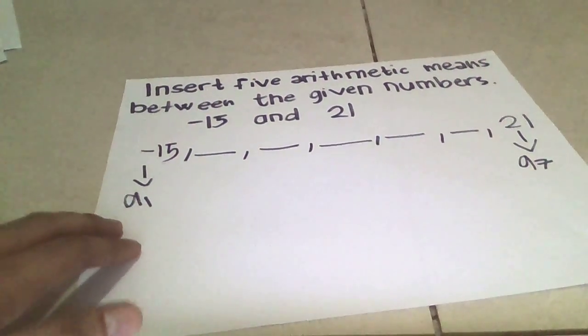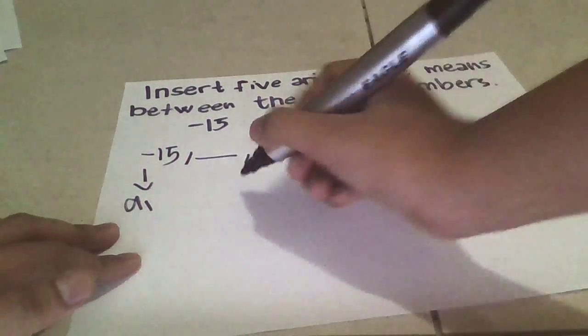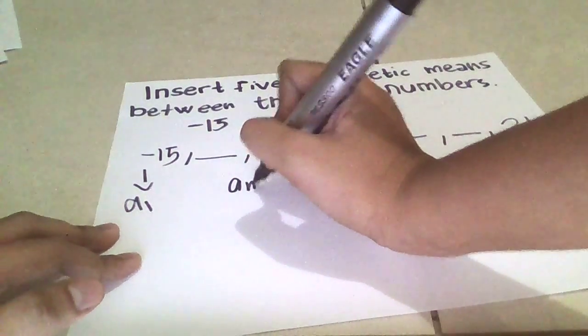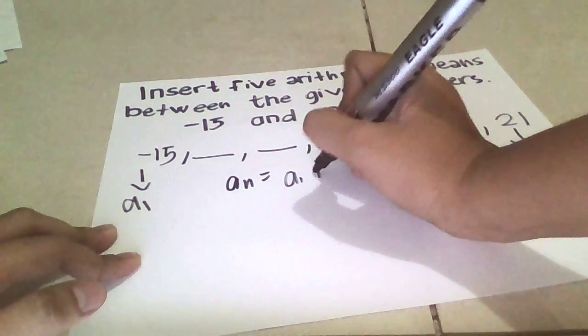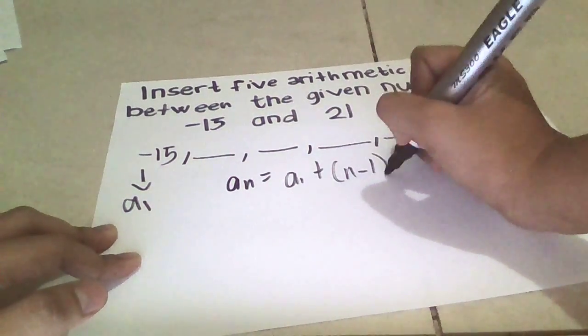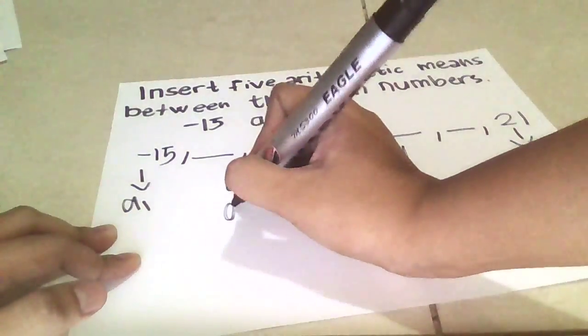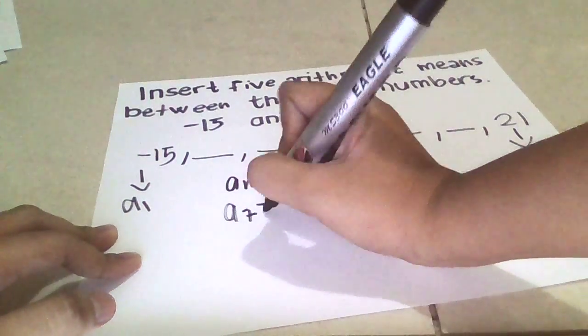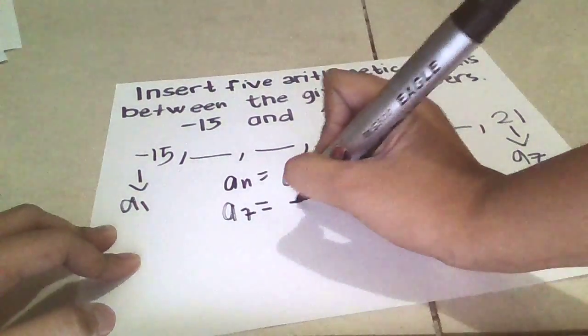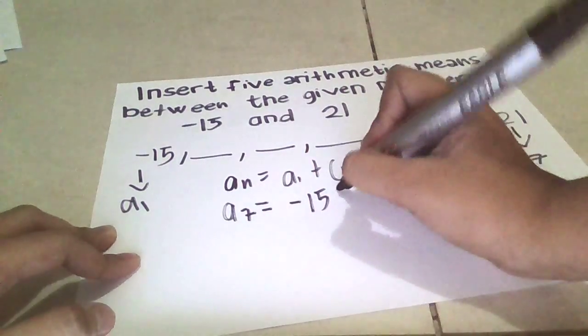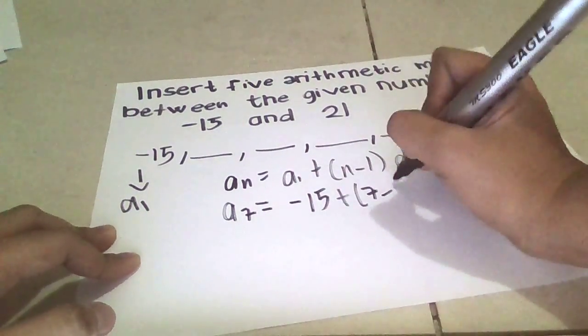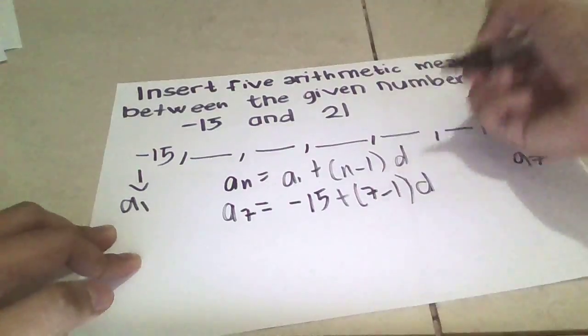First, let's find the common difference. Substituting in the general formula, a sub 7 is equal to negative 15 plus 7 minus 1 d.